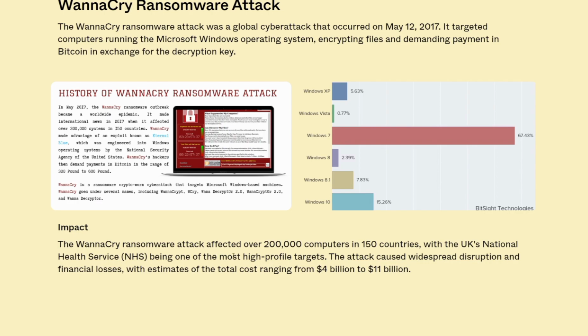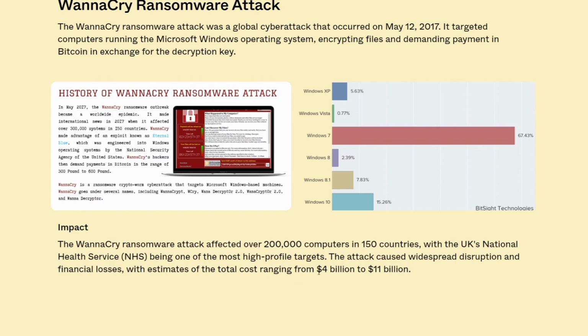The WannaCry ransomware attack affected over 2 lakh computers in 150 countries, with the UK's National Health Service being one of the most high-profile targets. The attack caused widespread disruption and financial loss, with the total cost estimated between $4 billion and $11 billion.